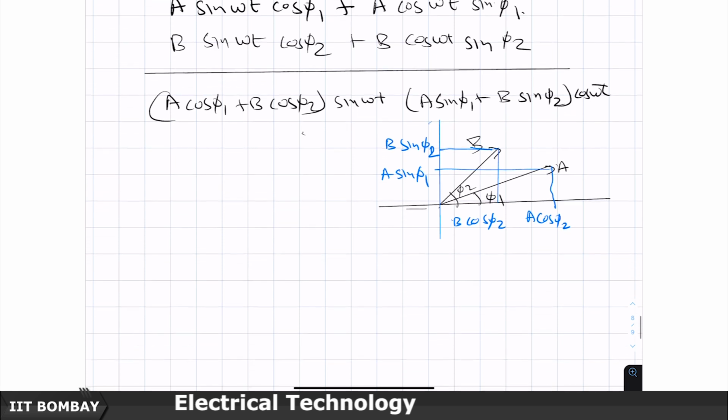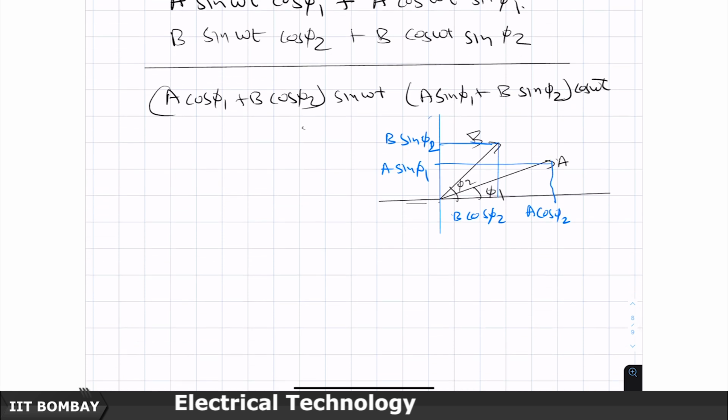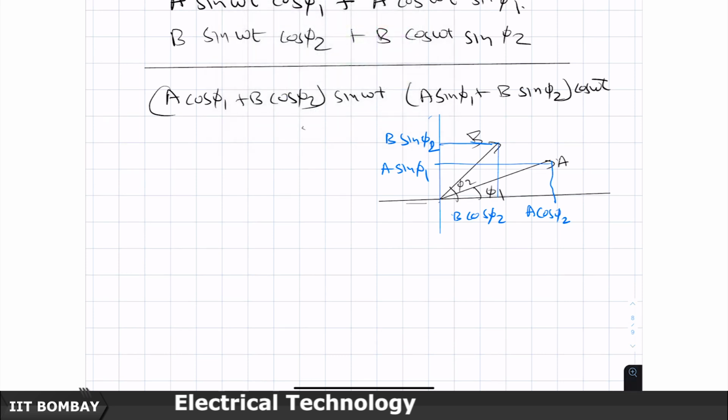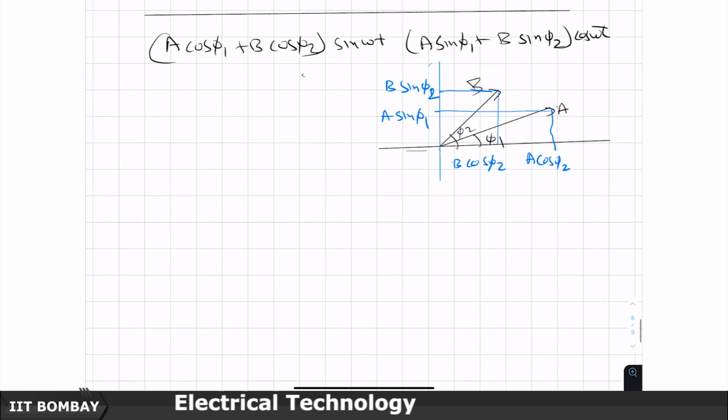So when this is the way it is being done, it is now getting clear to you that basically I am adding two vectors.